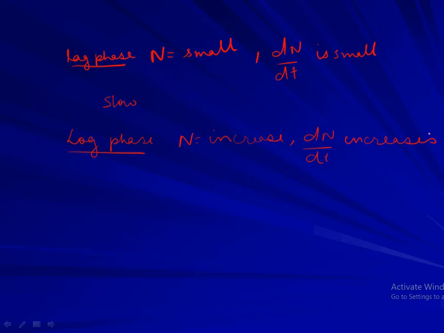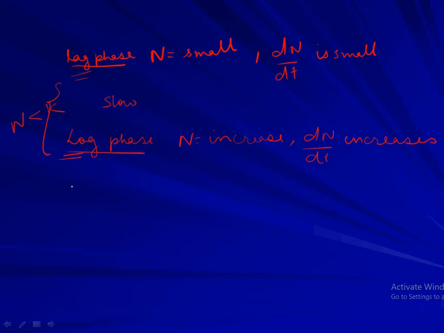That means growth is rapid. In both the lag phase and the log phase, N is less than K, and therefore there is scope of increase in population.